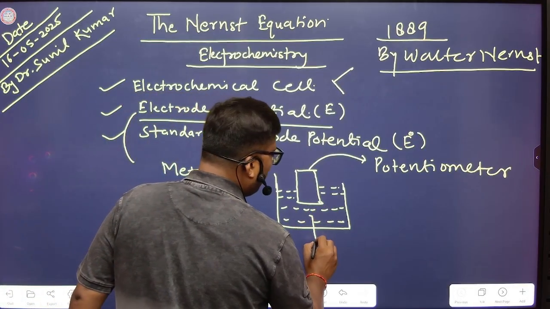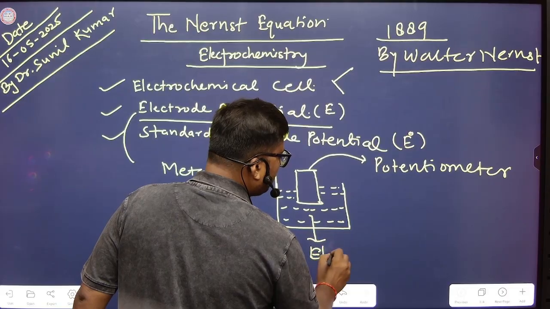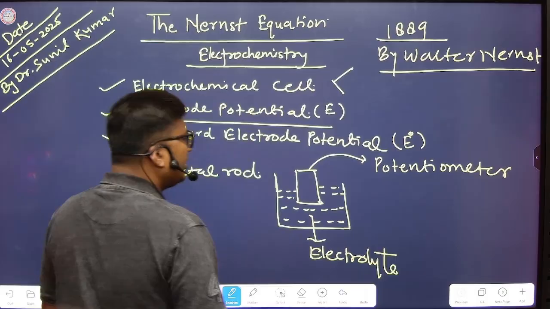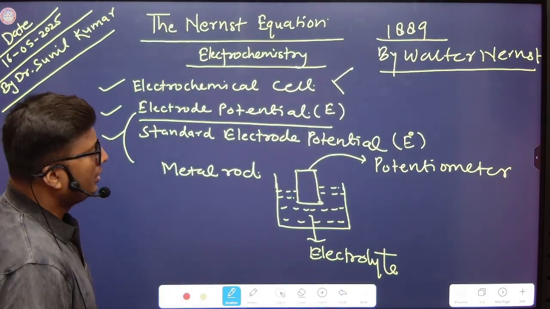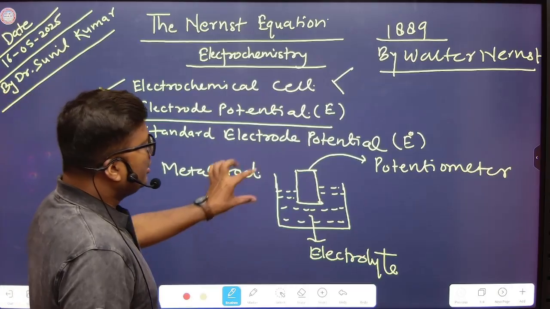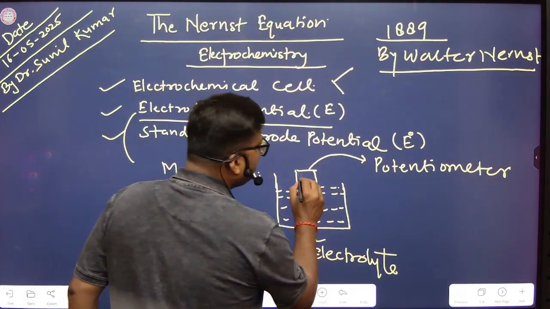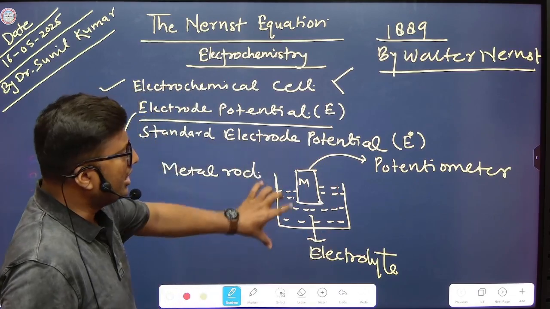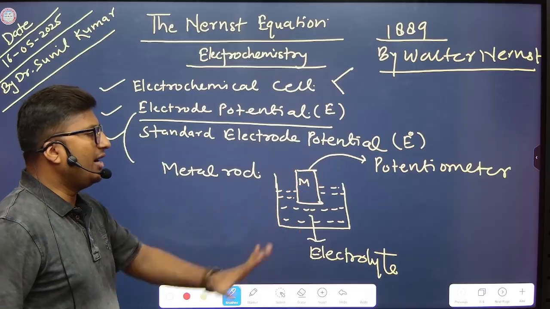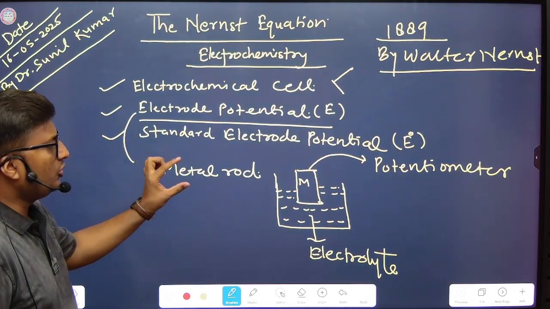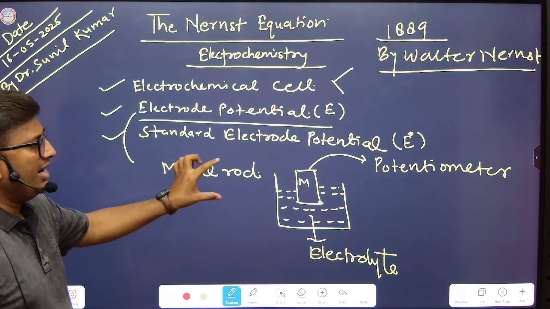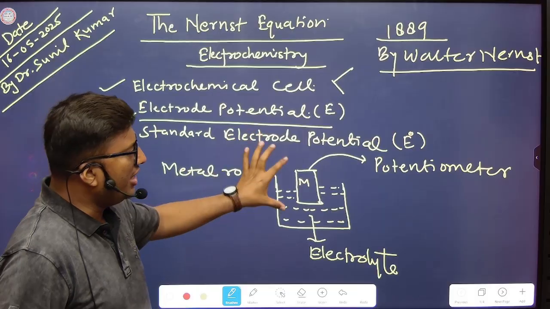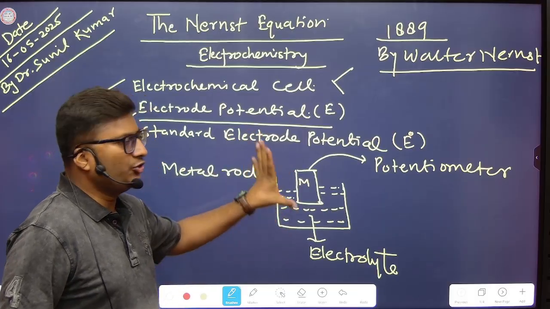So this is your electrolyte, right, which contains cations and anions. Now, once this metal rod is inserted in this electrolyte, there are two possibilities. Either this metal can get oxidized or it can be reduced, right?